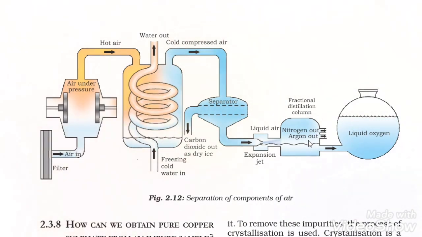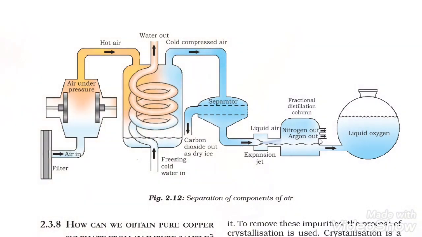As I said, the heating will be very slow. So first all the nitrogen will boil off and the vapors will rise up and pass through this opening. Then after nitrogen, argon will boil out and it will pass through this opening.